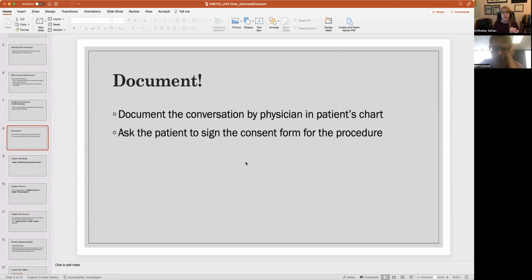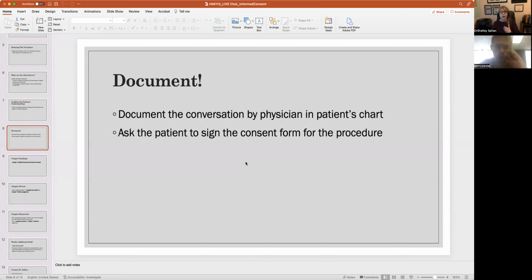This is not something that would be coded, but let's remember that we in the Health Information Management Department are part of the backup team to the clinicians to make sure that everything that's supposed to be documented is documented.